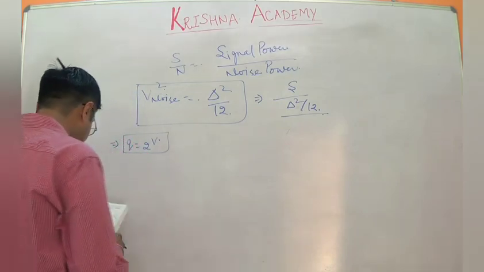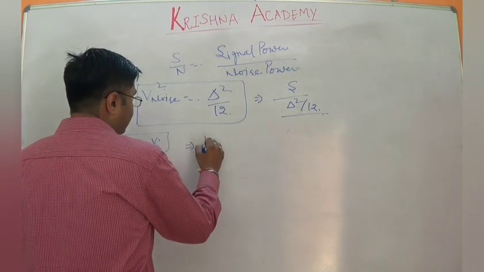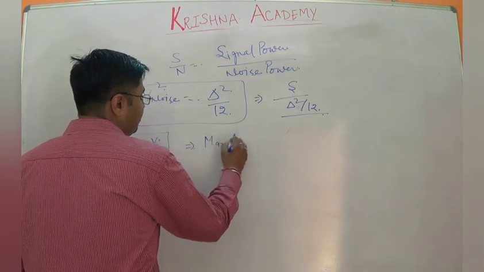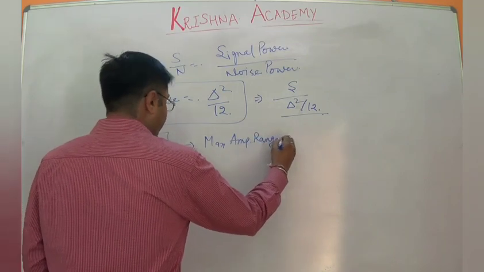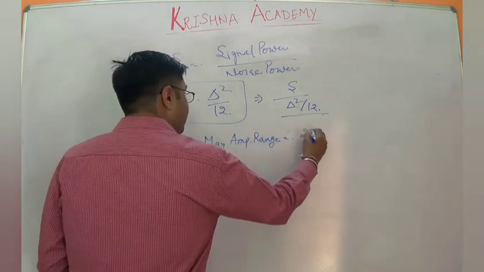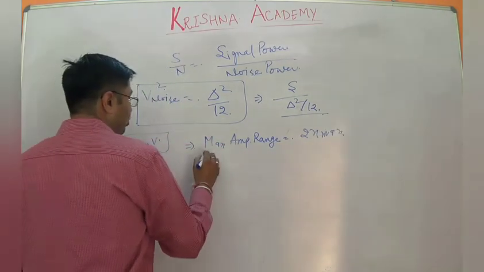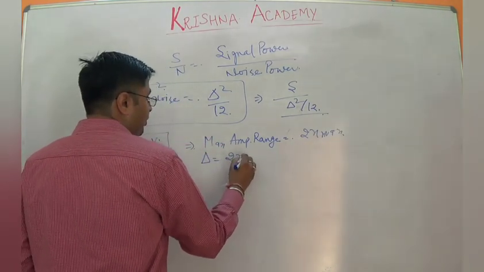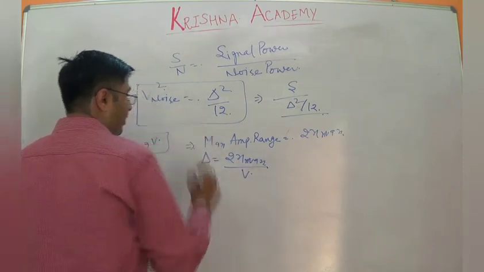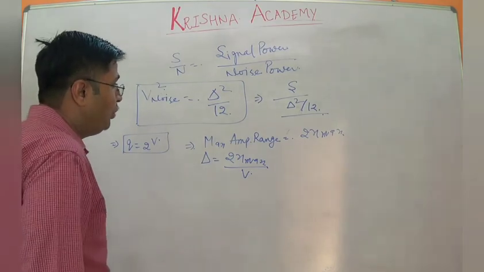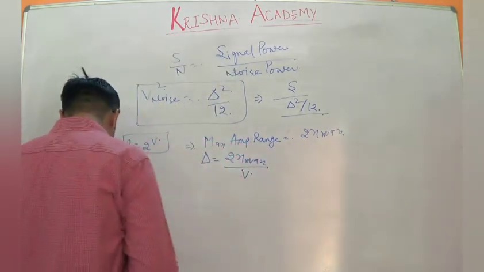Now whenever we are talking about this one, and the maximum amplitude range in this particular circuit is 2x maximum, so delta equals 2x maximum divided by Q. 2x maximum is the maximum value limit if x is floating around there.